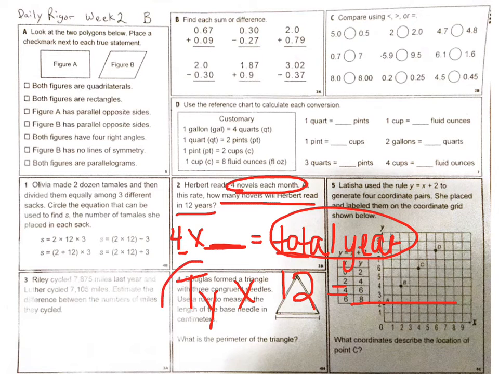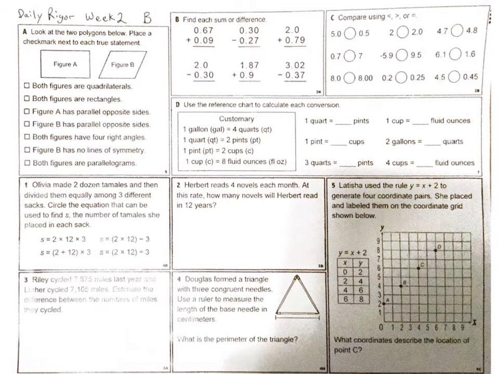Then you're going to take how many he reads in 1 year and multiply it by 12, which is 12 years, and there's your answer. Just follow the steps.